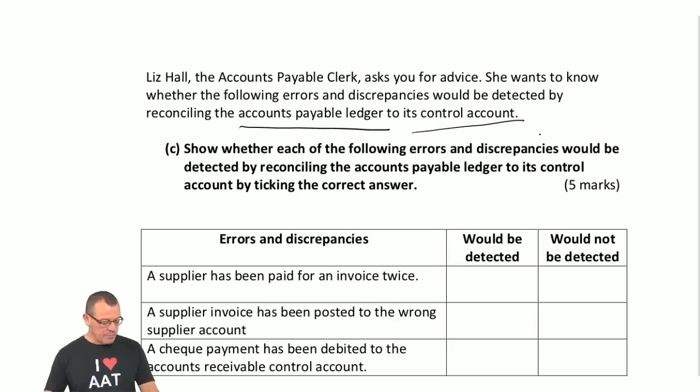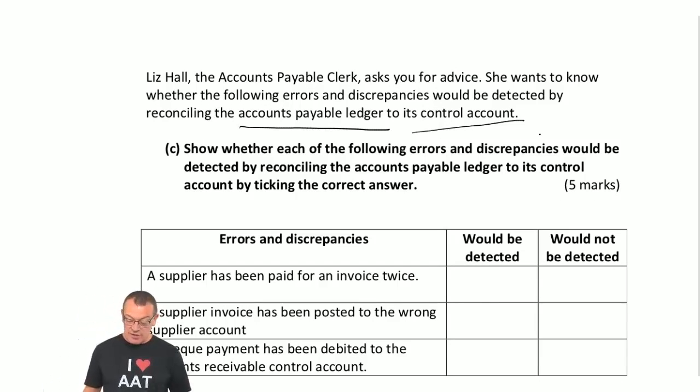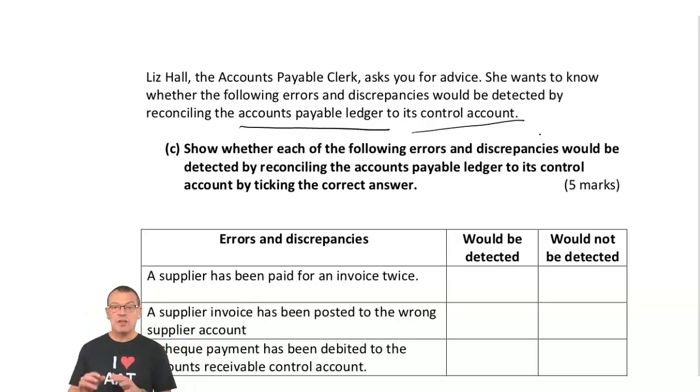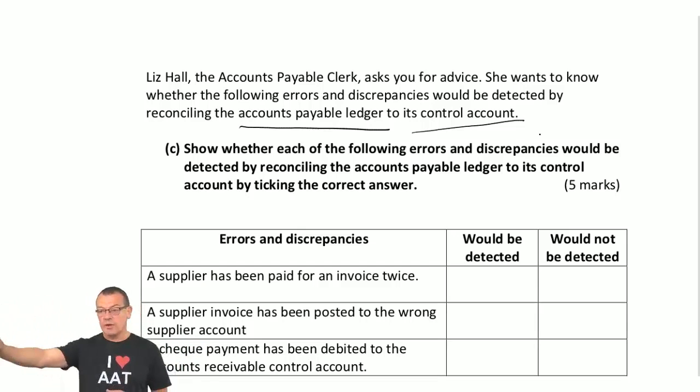Now, a supplier has been paid twice for an invoice. Would this be detected? What's happened? Money leaves the business and you take it off the supplier's account. Regardless of the debit or credit, there's one going out and one being adjusted this end. If it happens twice, is it going to throw anything up, or is it just a mistake?